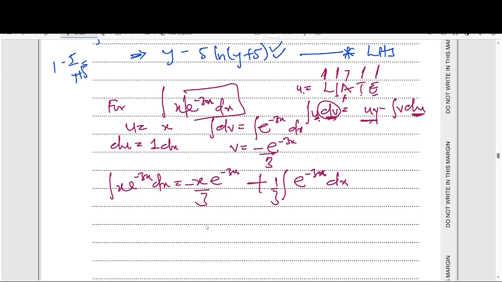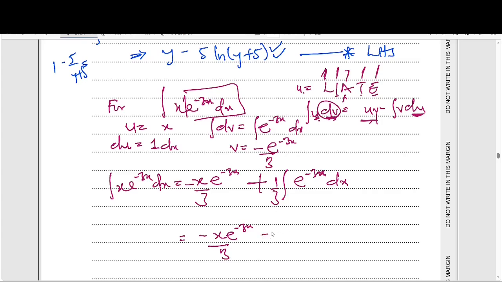So keep on integrating. Since we still have an integral sign here, we need to find this as well. So the integral still remains negative x e to the negative 3x all over 3, and then we integrate this. We've done that over here already, so we can just write that over there.